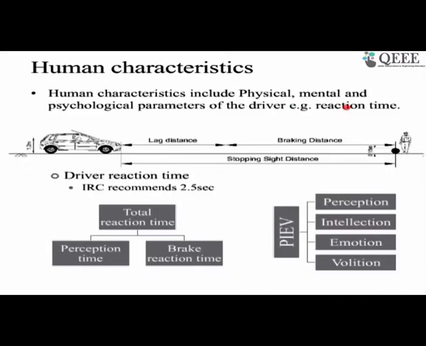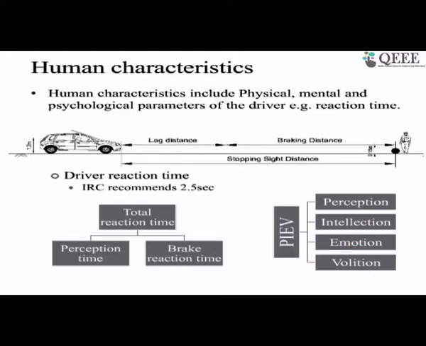Now the human characteristic, as I told you, is also there because the human is driving the vehicle. In this figure, if there is an object and the vehicle needs to stop, the vehicle needs to react to that, and whenever it is reacting, definitely there is a human characteristic. We call it PIEV, which is perception, intellection, emotion, and volition.